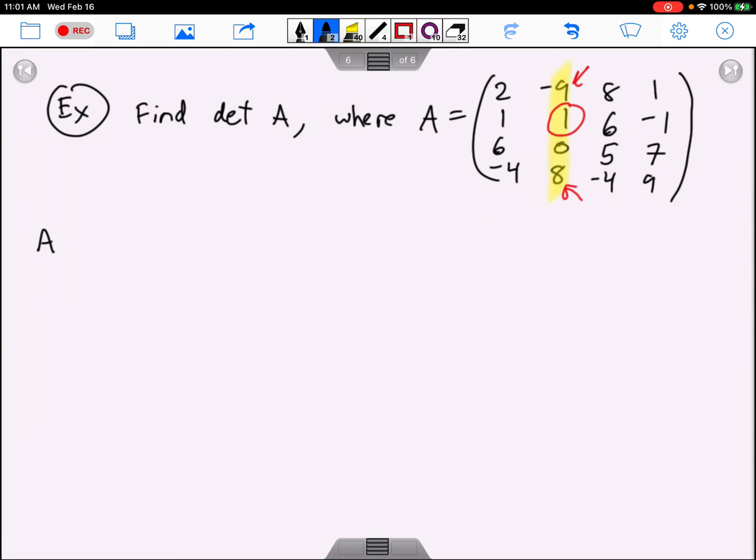We're going to add 9 times row 2 to row 1, and we're also going to add negative 8 times row 2 to row 4.